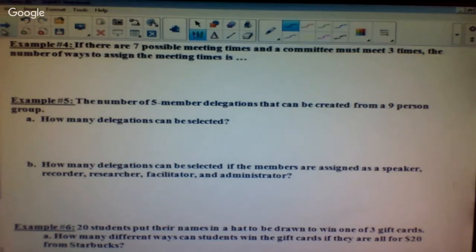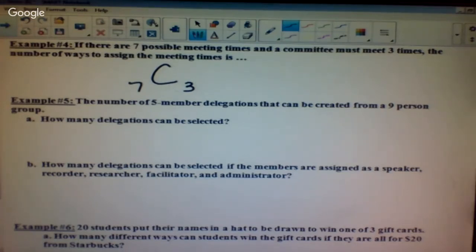Why is this a combination? Because it doesn't matter what time. This is not a multiplication rule because if I go to a meeting time, I'm not going to go to the second meeting and the third meeting.